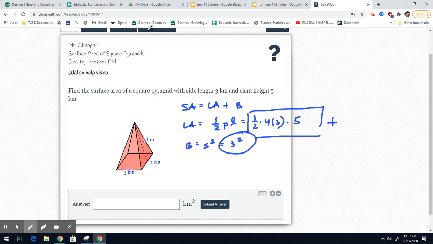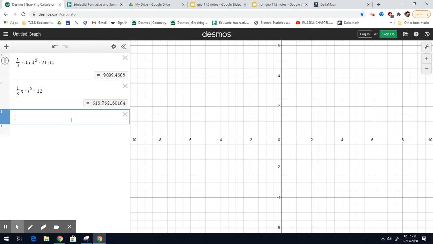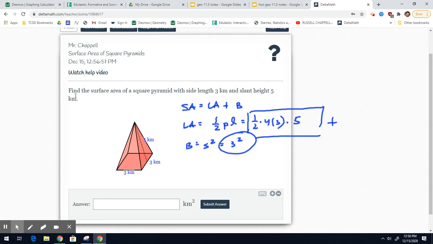So we'll type that into the calculator now. So let's do 1/2 times 4 times 3 times 5. So that's the lateral area. And we're going to add 3 squared, which is the area of the base. And I got 39. I believe it's in kilometers. So this would be 39 kilometers squared.